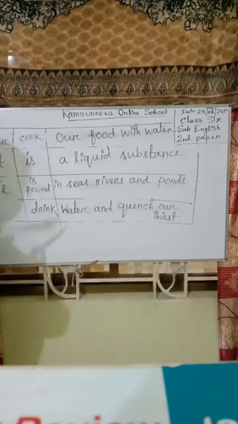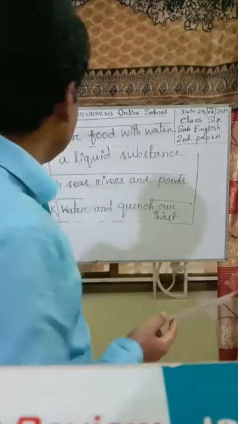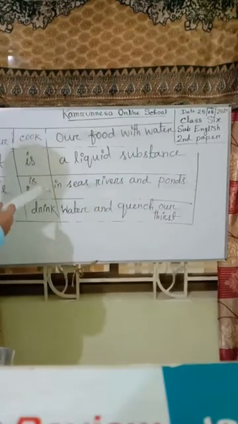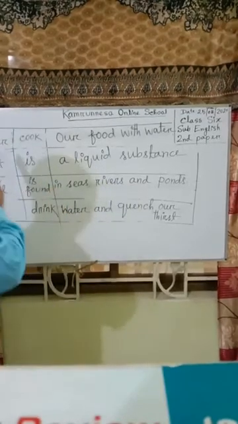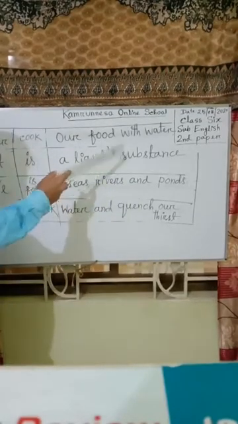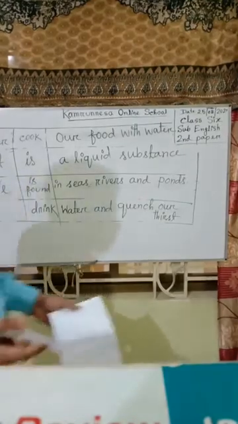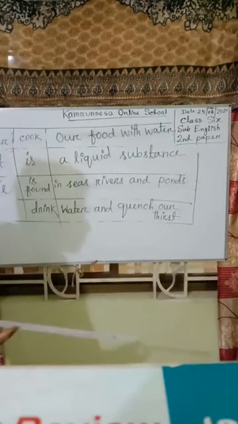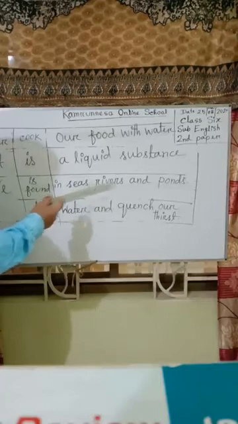Water is a liquid substance. This is an introductory sentence. That means we can make this sentence as introduction of this passage. Water is a liquid substance. Here, this first sentence, and then it is found. That means we can see where water is found. Where we can see, in seas, rivers and ponds.